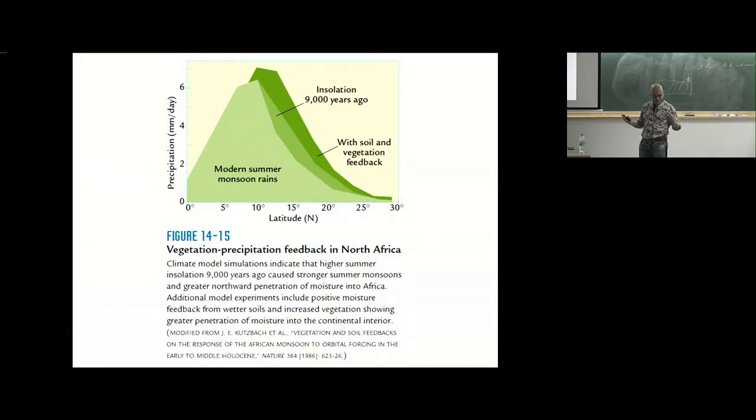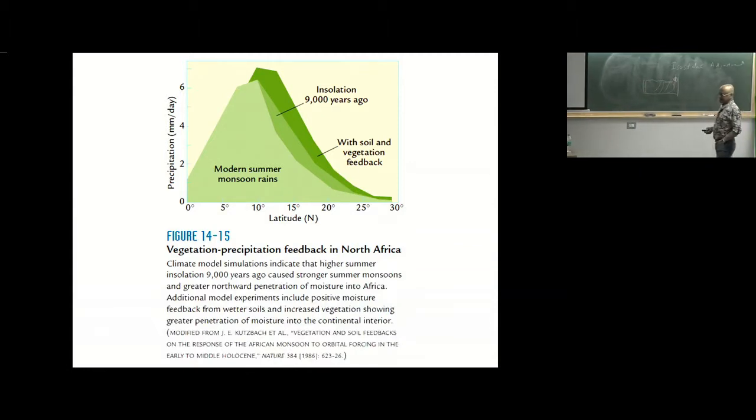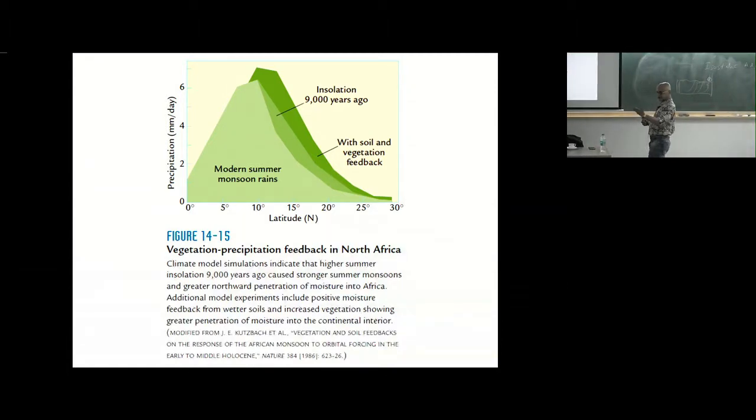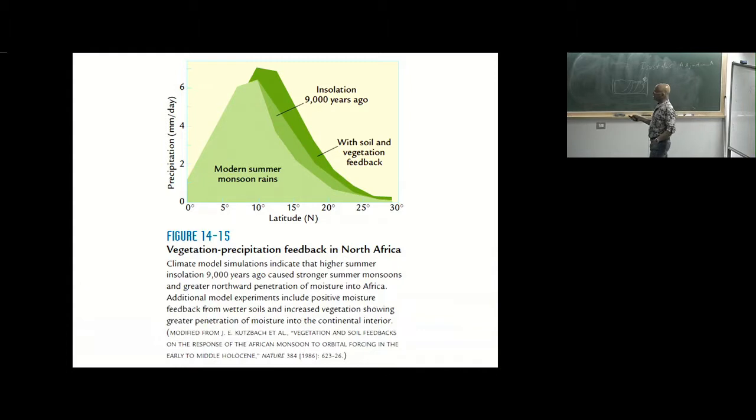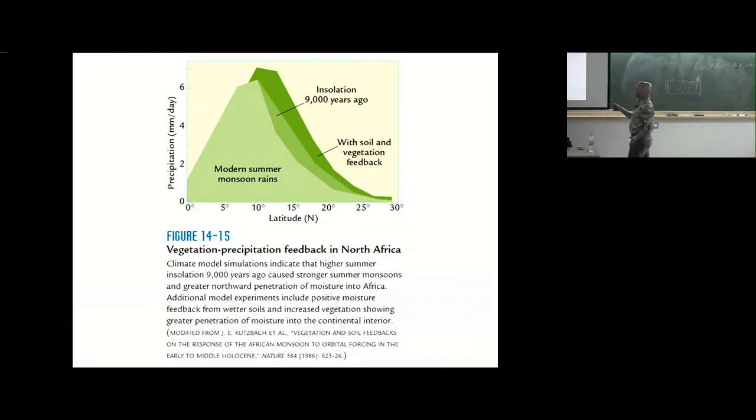There are still contradictory answers from models, but nonetheless, you expect that evaporation from land is going to play a role in not only land-ocean heating contrast, but also local energy feedbacks, and so on and so forth. So this is a nice example to show that to explain the increased monsoon or changes in monsoon, you always need the soil and vegetation feedback.